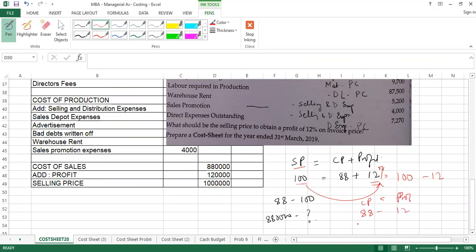So for 8,80,000, what would be the profit? If you do the cross multiplication, you will get the answer 1,20,000. If you add this up, your total selling price would be 10 lakhs. If you calculate 12% of 10 lakhs, it will be 1,20,000. So this is how you solve a problem on cost sheet.